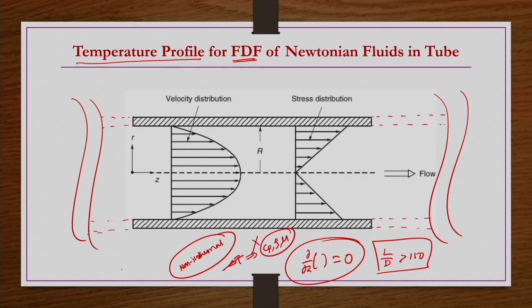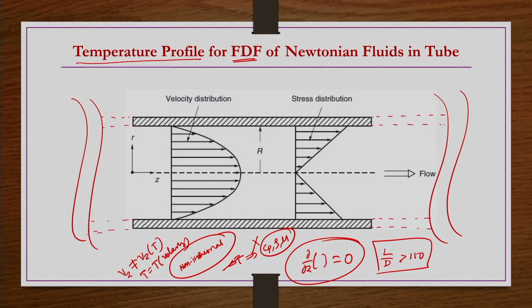That means the velocity profile is not a function of temperature, but the temperature is a function of velocity. So we have to find the velocity profile and incorporate it in solving the energy equation.